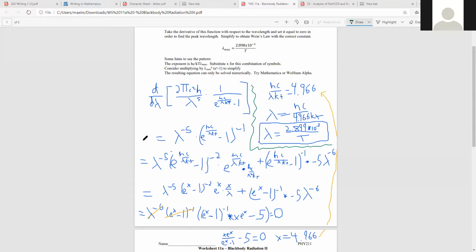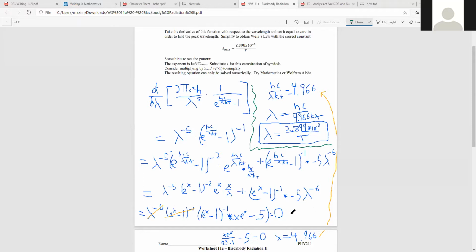And then after we finished that next line with the chain rule and product rule, we took that jumble of a bunch of constants and made it just x. Then we took out what was the same in all the terms, which was x to the negative 6, and e to the x minus 1 to the negative 1. That's when we could set it equal to 0, and we crossed out those things on the left because it's equal to 0.